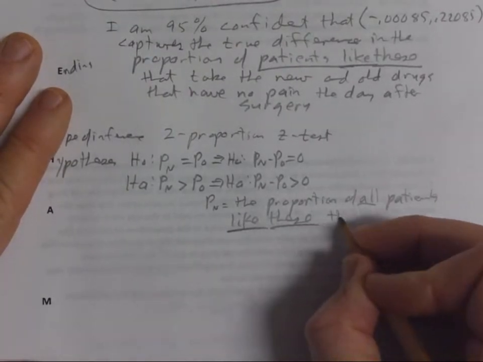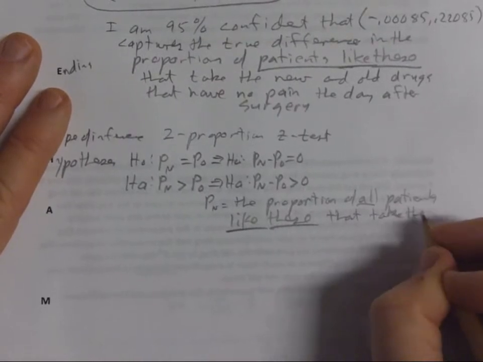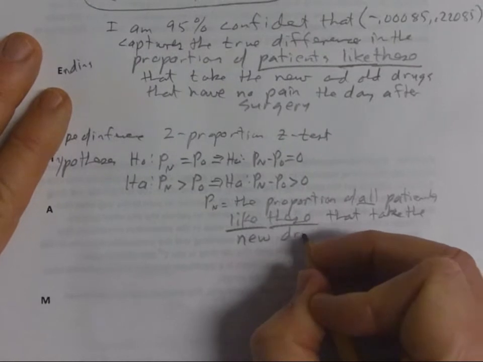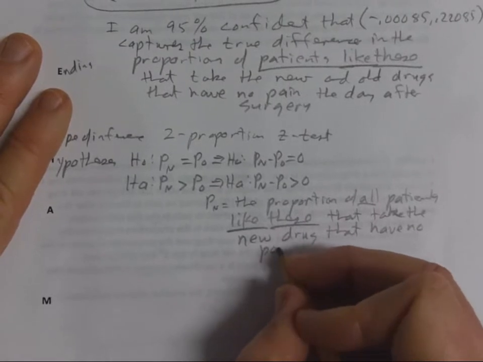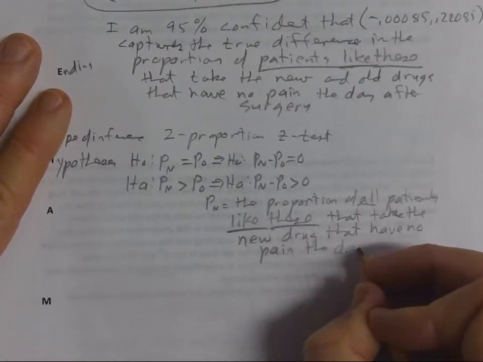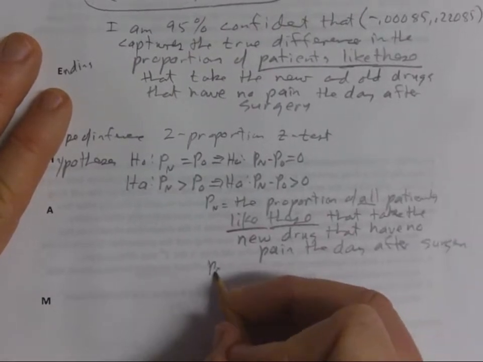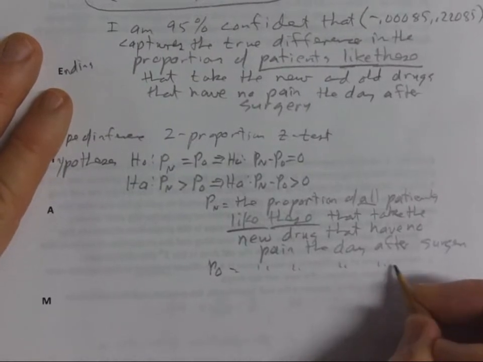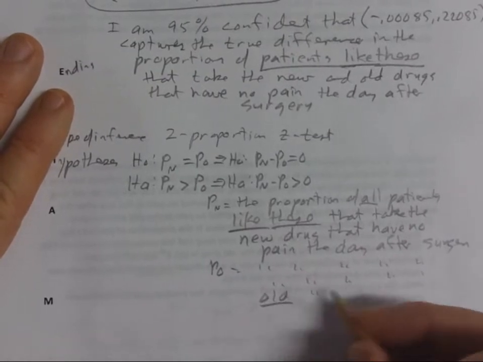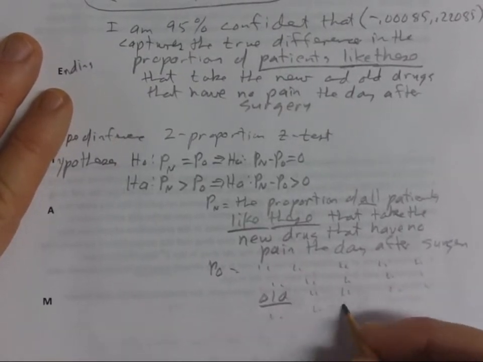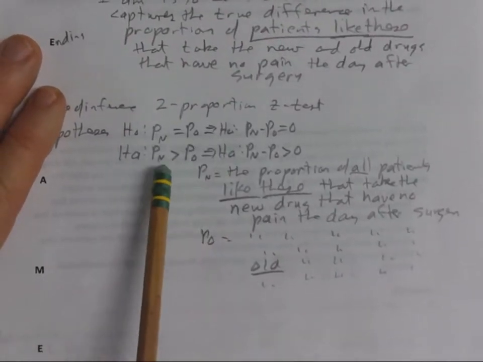All patients like these that take the new drug that have no pain the day after surgery. And then P sub O, you just use ditto marks. The only thing you're going to do is change this to the old drug. The null hypothesis is, in essence, that there is no difference. The alternative in this case is that it's going to be greater than.